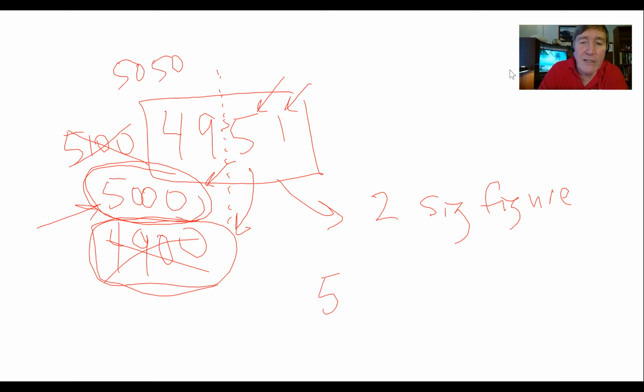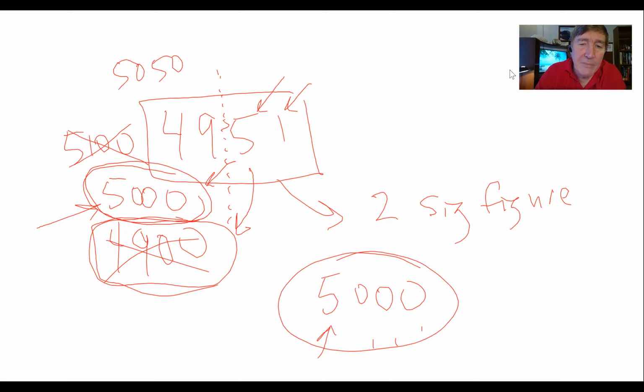Now the reason this is a little bit tricky is that some of you are going to say, if you look at the number 5,000, I only see one digit that's not zero. The rest of them are all zeros. So this number looks like it only has one sig fig, but actually that zero right there is significant.